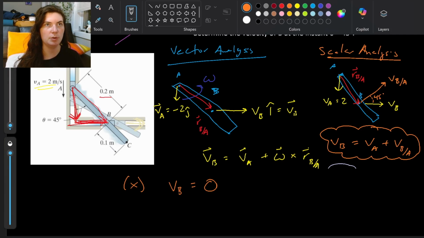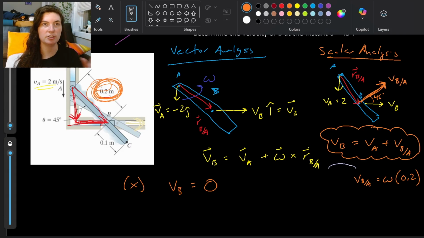And then we look at VB with respect to A. VB with respect to A, again, this new vector that we've had to create here, is going to have a magnitude of omega times r. So omega times r, and that r is 0.2. That r is just 0.2. It has no direction associated with it. We get the direction from this angle from VBA.